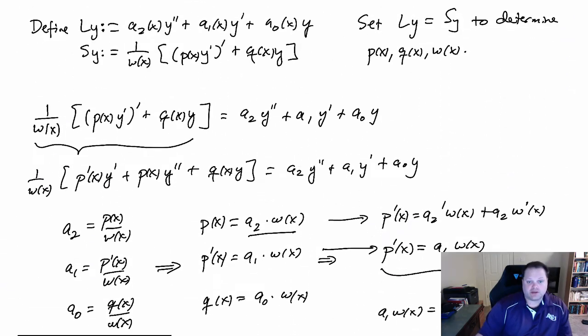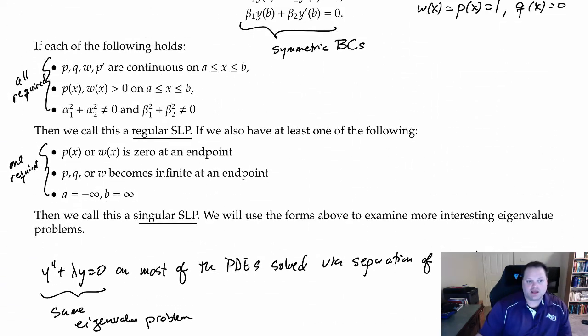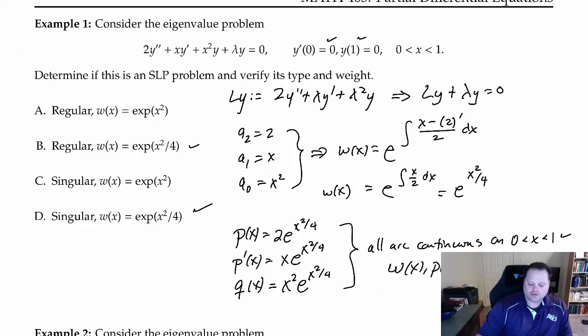It's specifically, and you got to be really careful with this, it's just P of x and W of x. So if you look, is P of x 0 at an endpoint? No. Is W of x 0 at an endpoint? No. P prime and Q are, but those don't have to be non-zero at the endpoints.